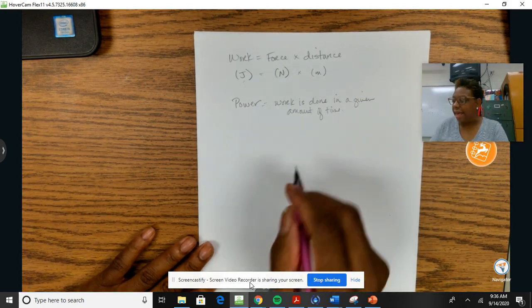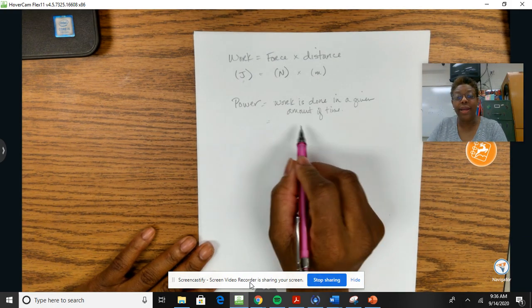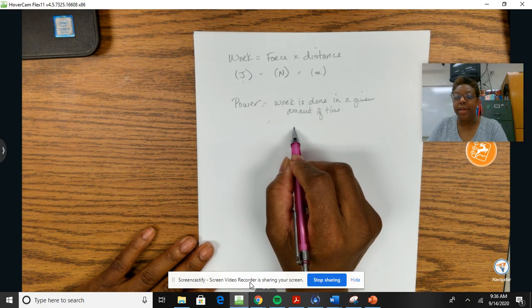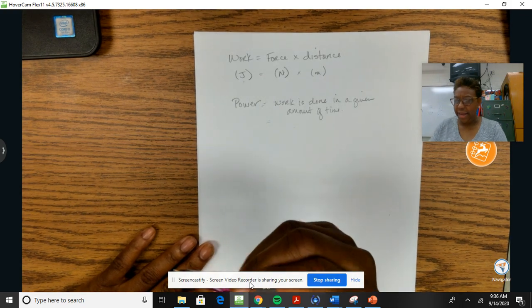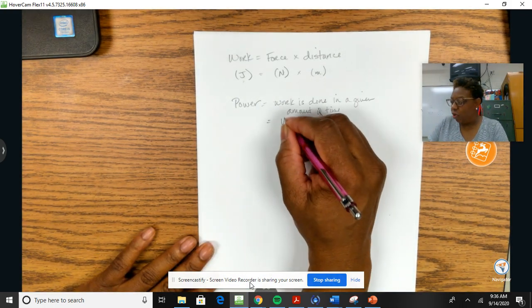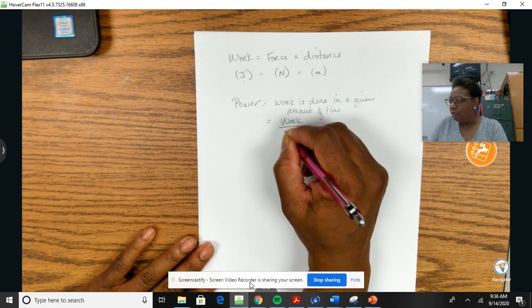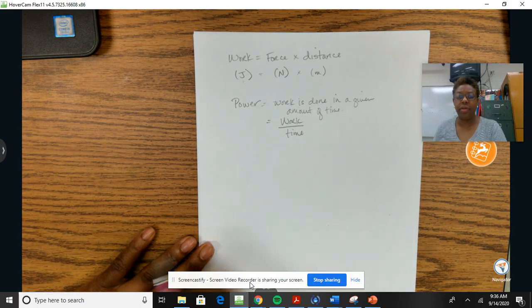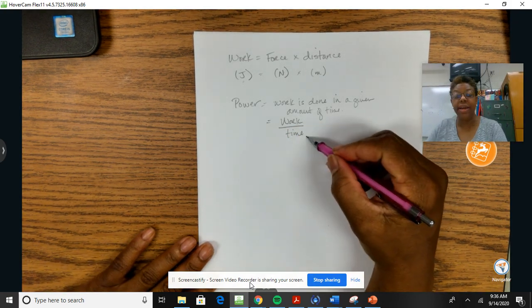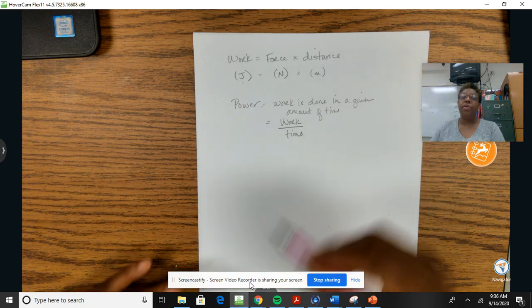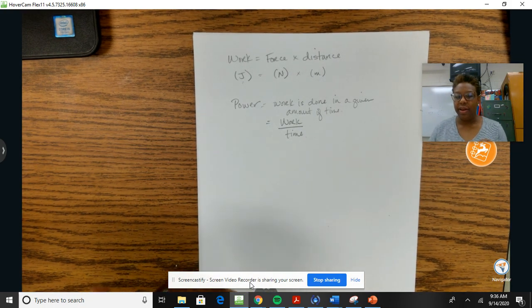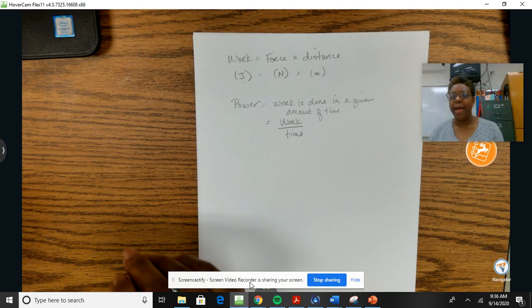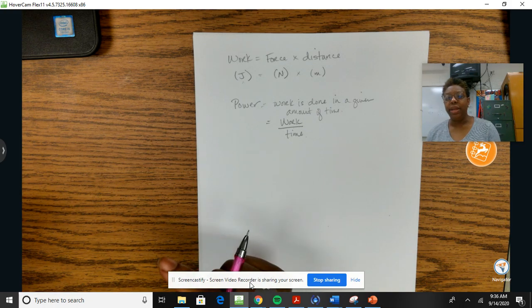Another way to think about this is actually how quickly work is done. So mathematically, the definition is work over time. So how much work can be done in a given amount of time? So now in the physics realm, when we're defining power, we're talking about how quickly work can be done.